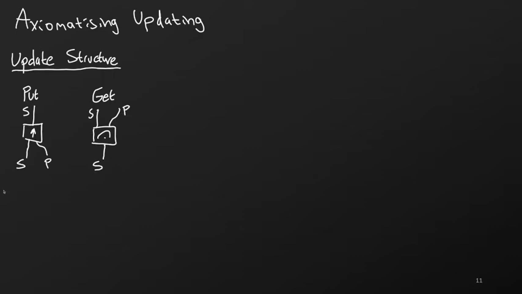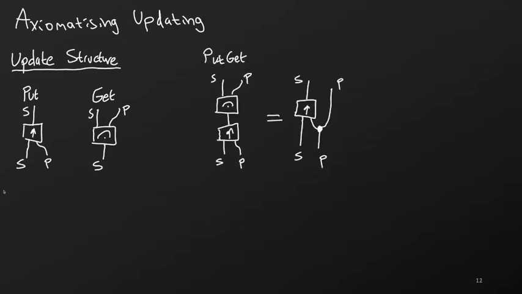We came up with the following set. There should be this put-get law, where if you update with a property and then read out some property afterwards, this should be the same as some pre-processing on the properties and then updating with one of the copies. You could imagine this map here as being the copying of the property, and I update with one of the copies of it. And then there's the get-put law, where I read out a property and then put it back in again.